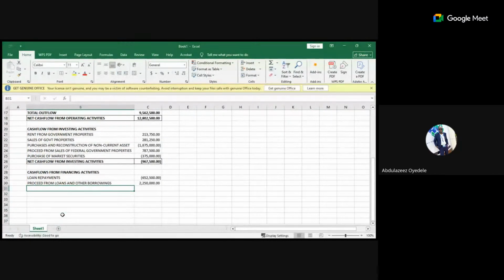So we can do the total for that one as well to be net cash flow from financing activities.